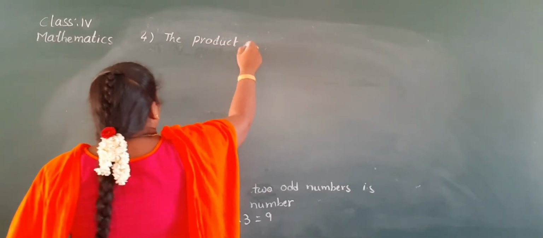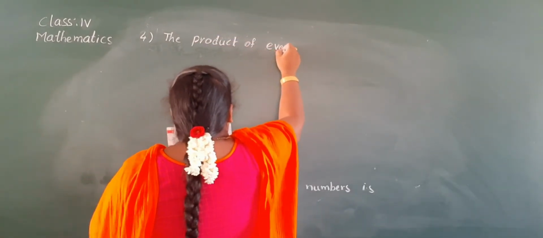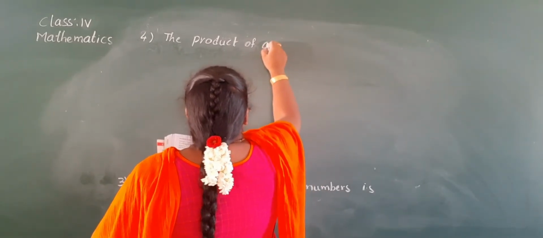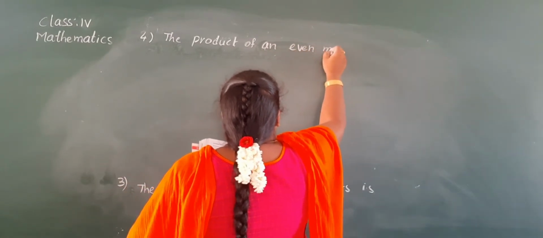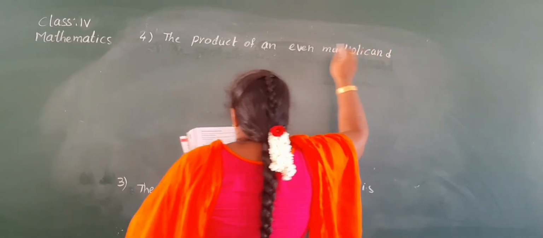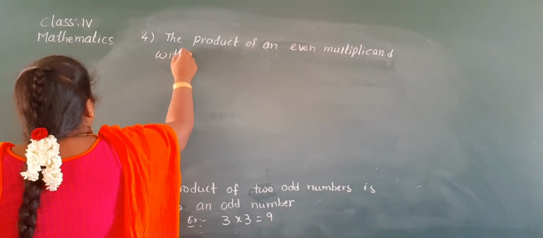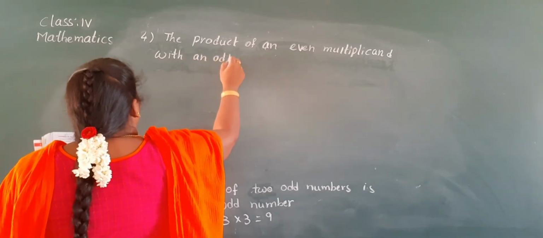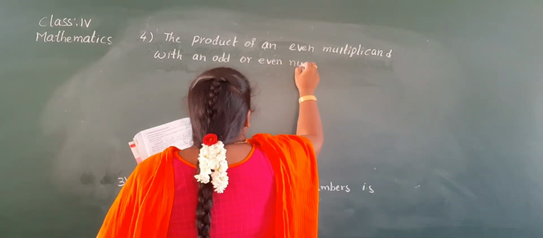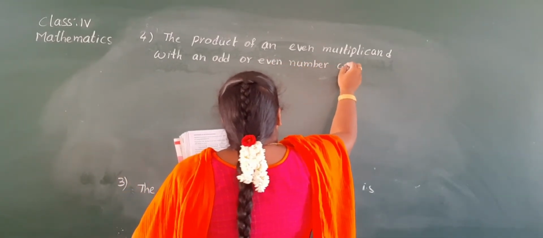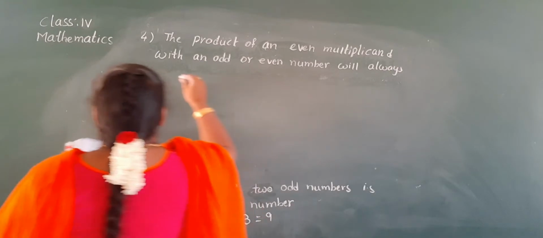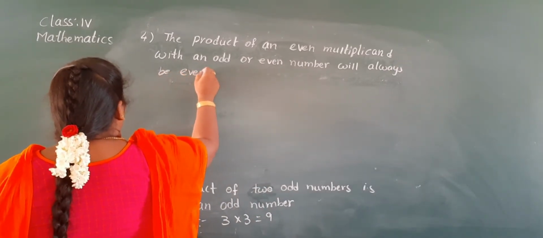The product of an even multiplicand with an odd or even number will always be even. Here observe the pattern, children.